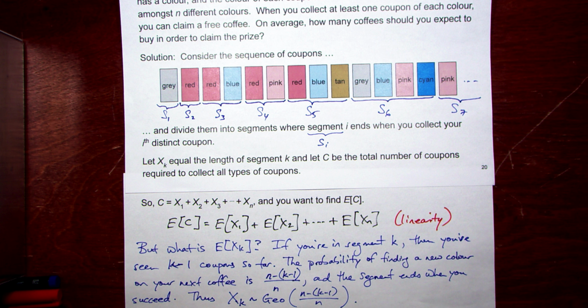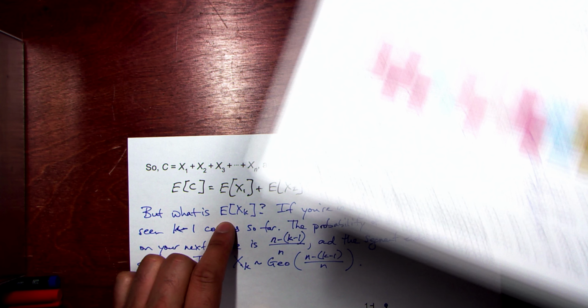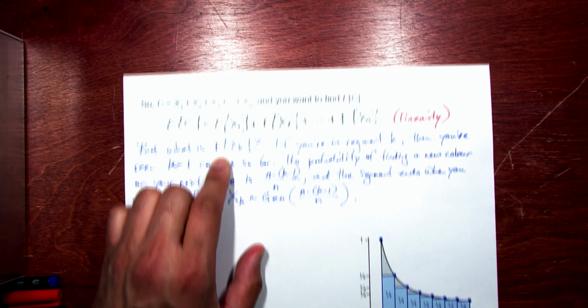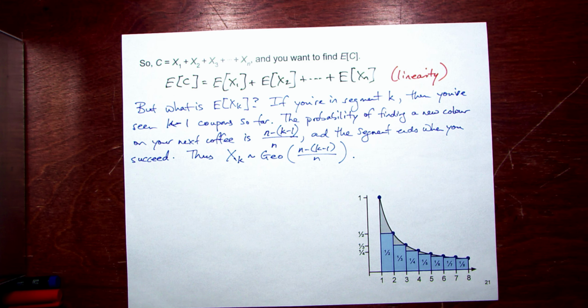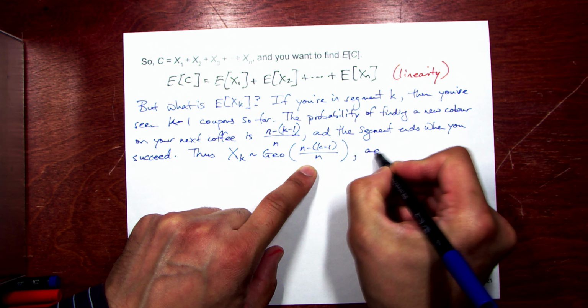Now, our goal here, of course, is to compute the expected value. Remember what the expected value of a geometric is? What is it? Yeah, 1 over p. And p is this, right? So maybe we'll just continue the sentence here.